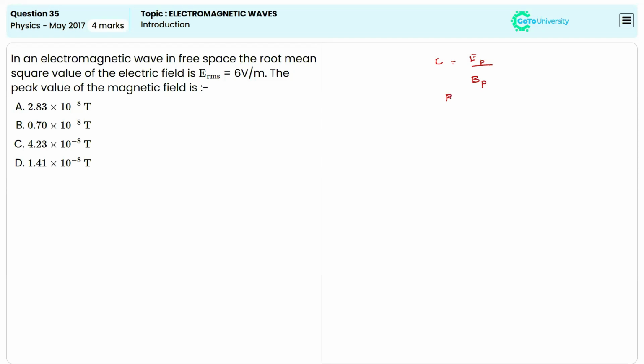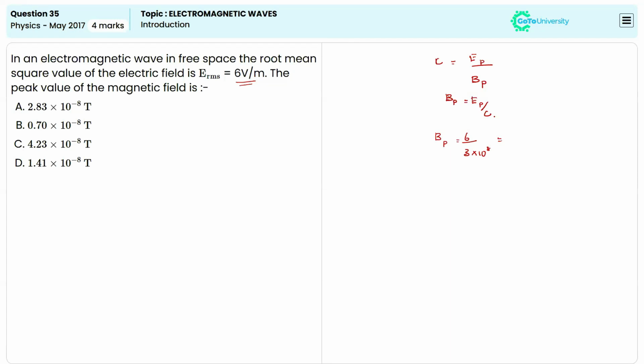So BP will be equal to EP divided by C. Here EP represents 6 volt and C represents the speed of light. So we can write BP is equal to 6 divided by 3 times 10 to the power 8.